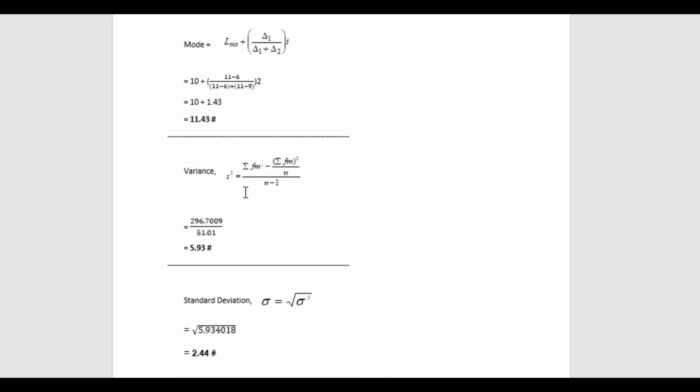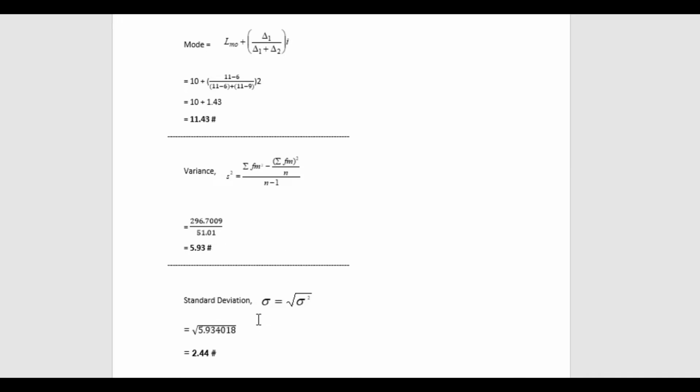Next is variance. So for variance, we will use a formula, and the formula is sum of Fm squared minus sum of Fm all squared over n, and the equation above will be divided by n minus 1. So F is the frequency, M is the midpoint, N is the sample size. So we put in the numbers, we will get 296.7009 over 51.01, and we get the answer 5.93.